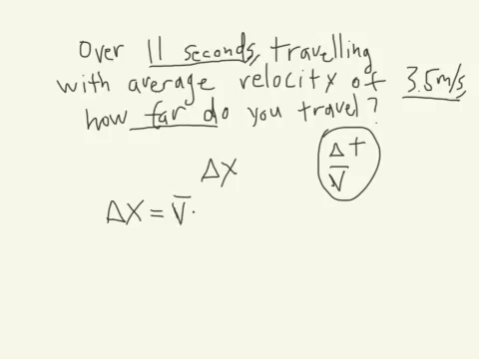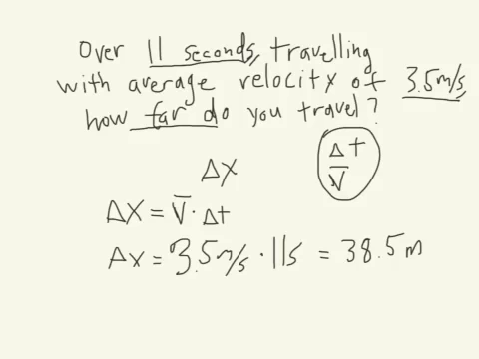And we have the equation displacement equals average velocity times elapsed time. Then we can just put in the numbers that were defined for those variables, and then plug those numbers into the calculator and get our answer.